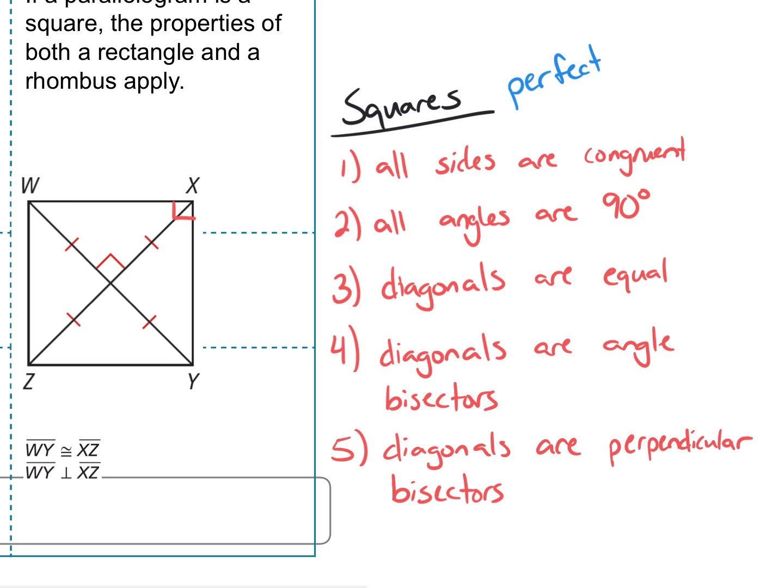There's angle bisectors, there's perpendicular bisectors. It's all split very equally. Do you also agree that it has all the same properties as rhombuses? And it has all the same properties as rectangles? Okay. It has all the same properties as both of those. So that's why I'm going to call our squares perfect.